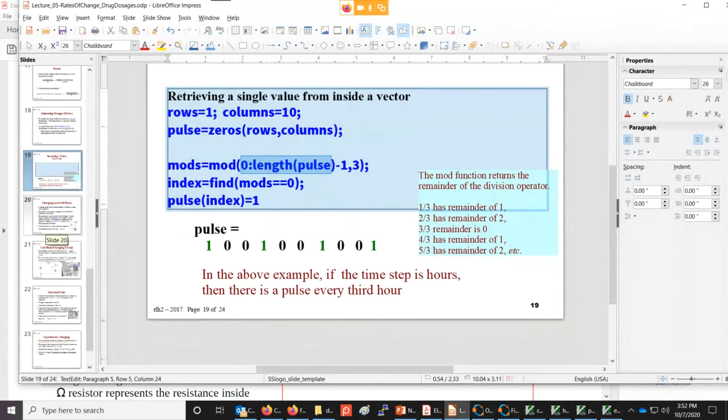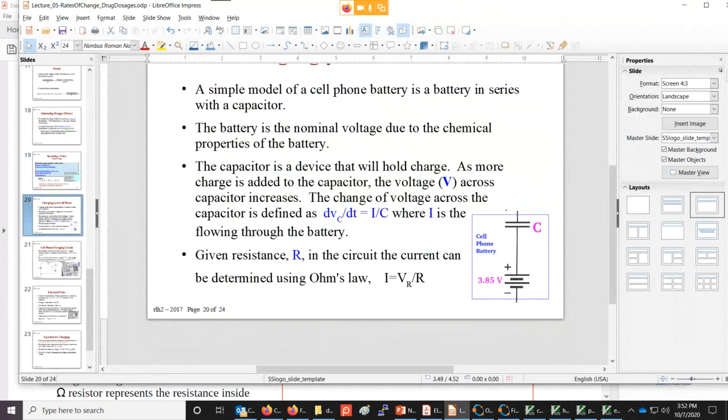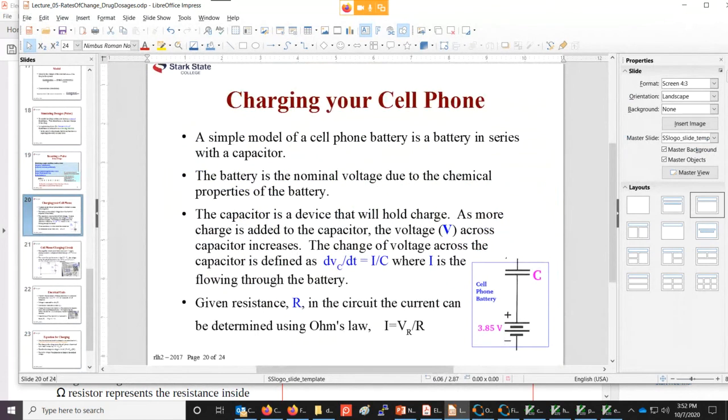All right, so another example I kind of wanted to do here is a kind of growth rate. Something that we do an awful lot is charging our cell phones or other portable devices. All right, and so when you look at that, basically the model of a cell phone battery is there's a constant voltage value in there due to the chemistry of the battery.